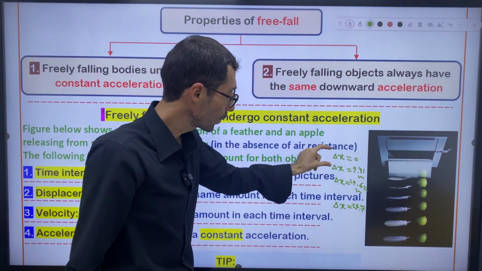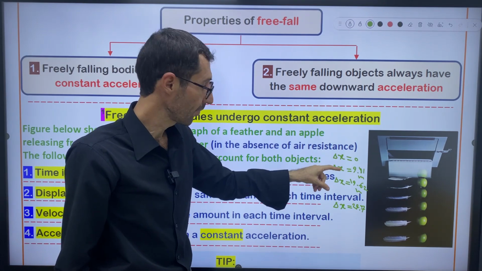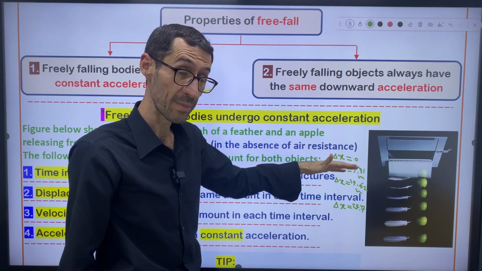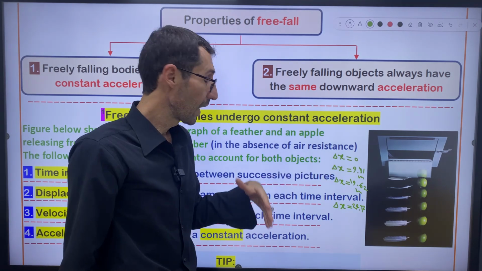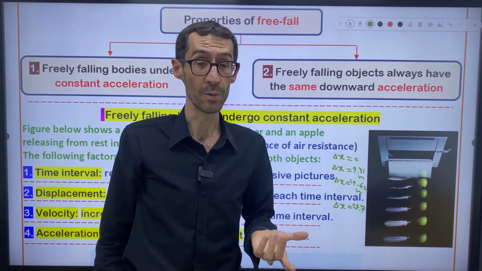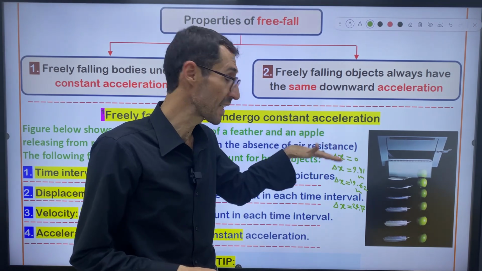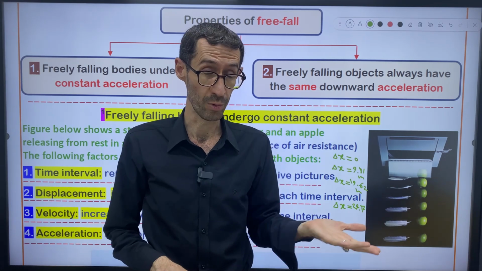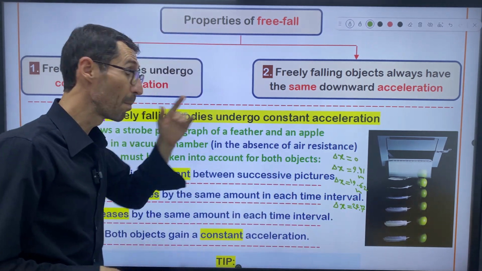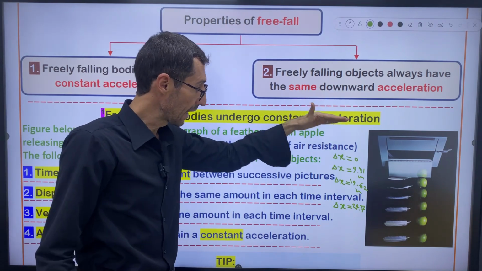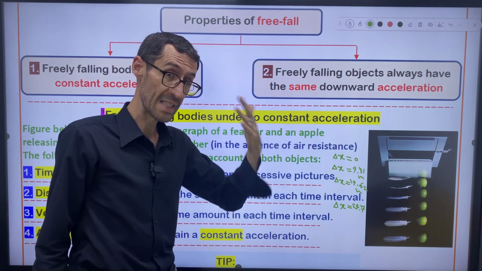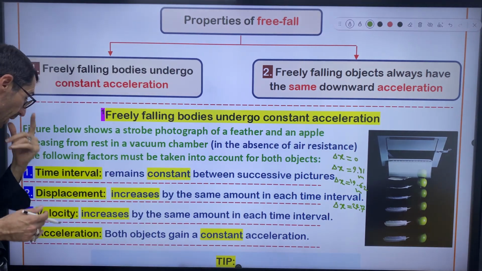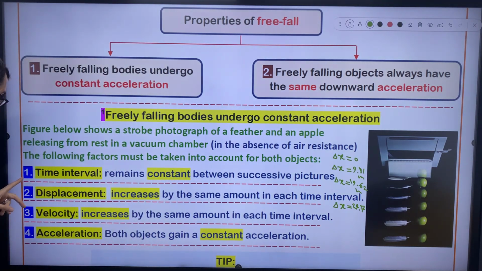Whenever you subtract the smaller displacement from the larger one, you get the same value. That's why displacement is increased uniformly by the same amount. So the motion is uniform because displacement is increased by the same amount. So we have a uniform motion.